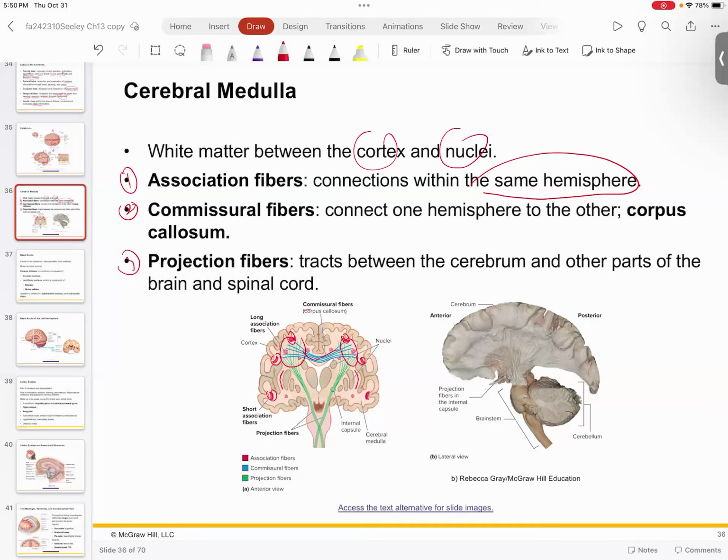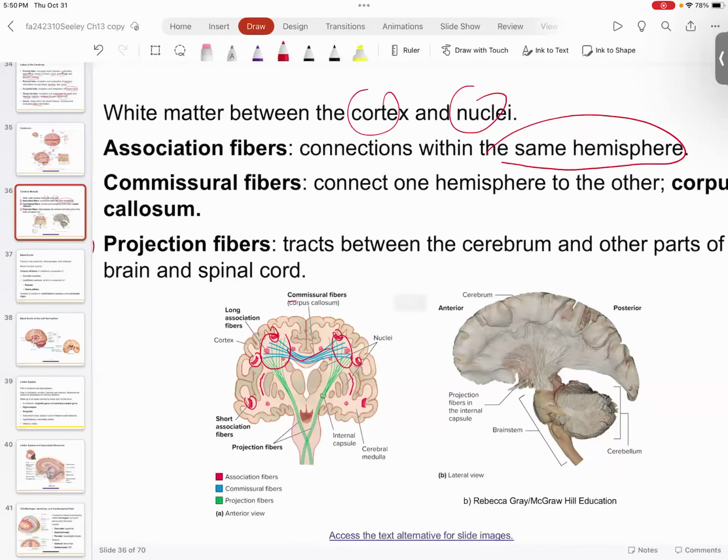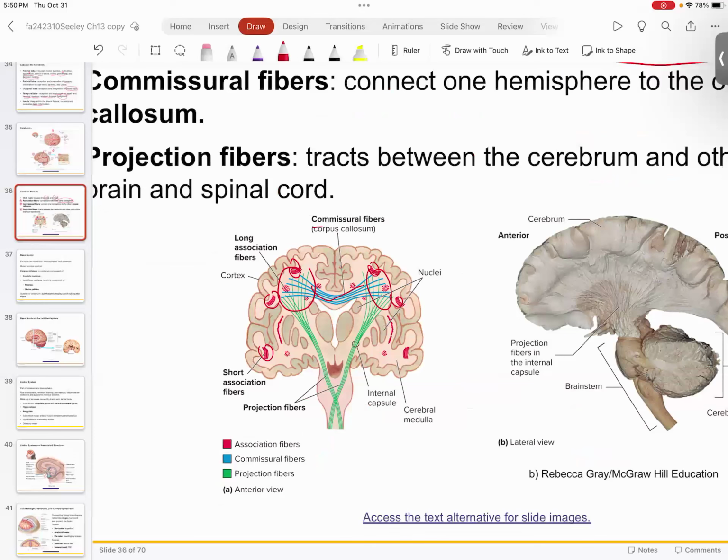And then the projection fibers are going from the cerebrum to the other parts of the brain and the spinal cord. So, for instance, they're going down from one hemisphere through the thalamus, through the spinal cord, and so forth. And notice how they decussate.